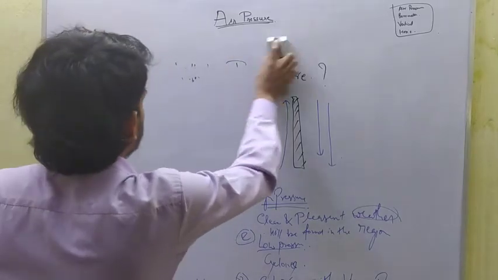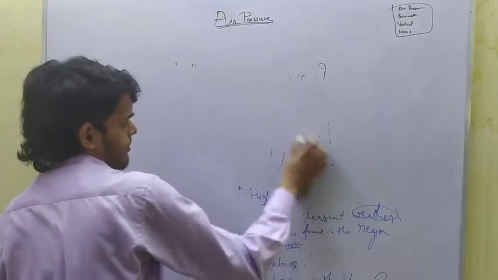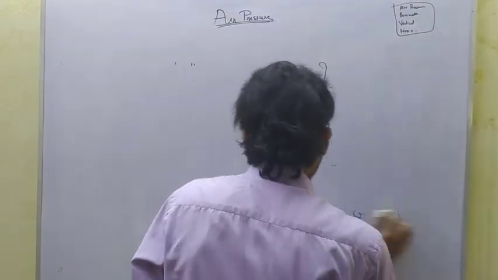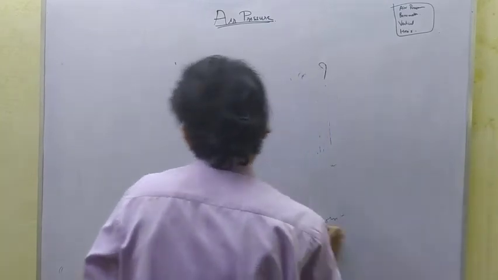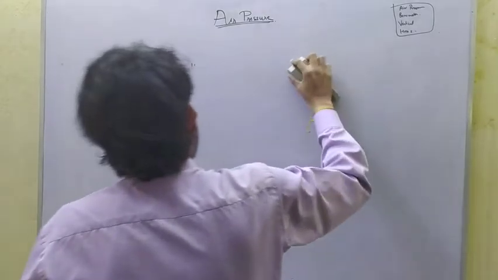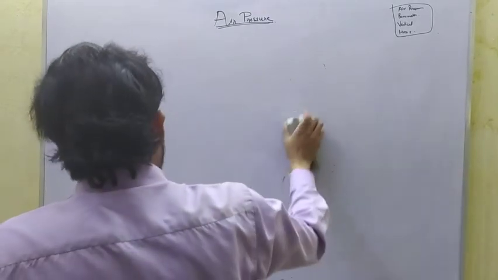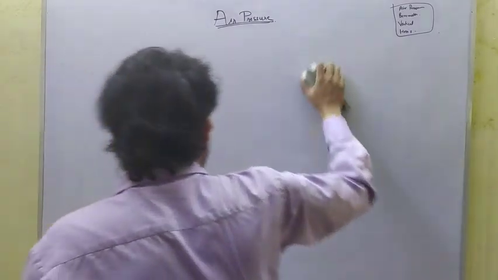Now we shall discuss the distribution of air. How the air is distributed. We have two types of distribution of air. First is the vertical distribution and second is the horizontal distribution. Vertical distribution is much easier than the horizontal distribution.